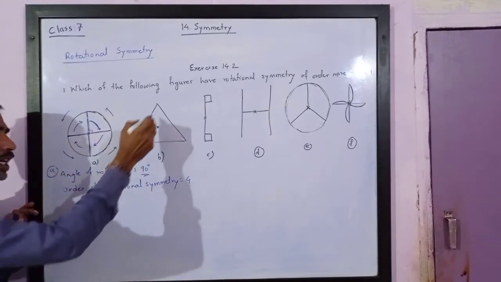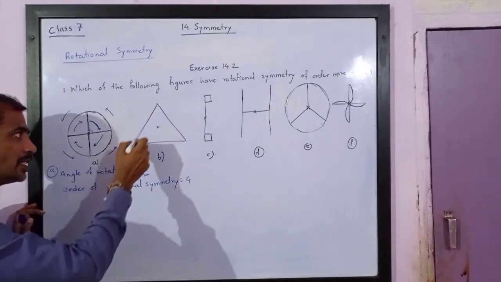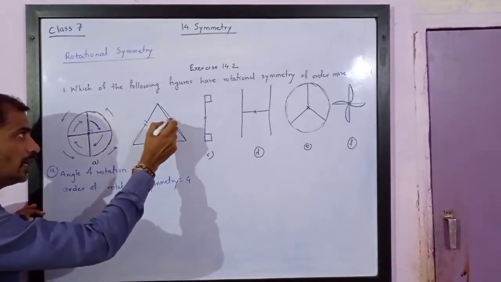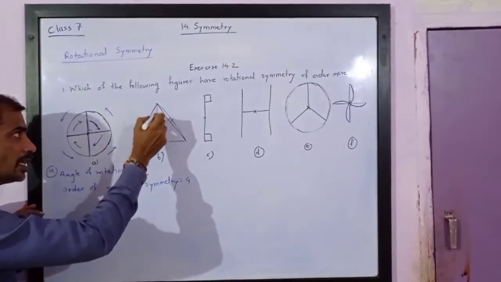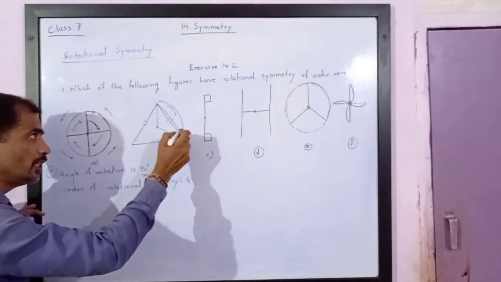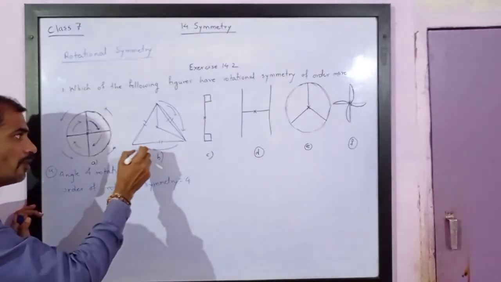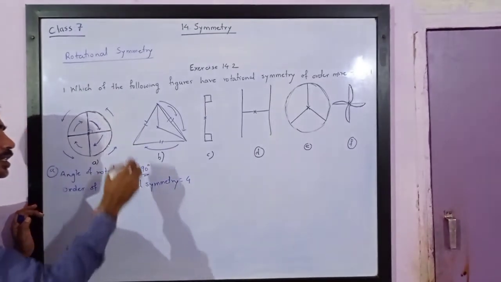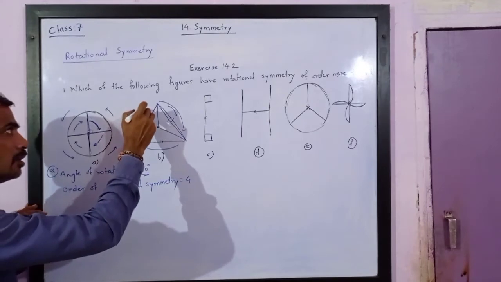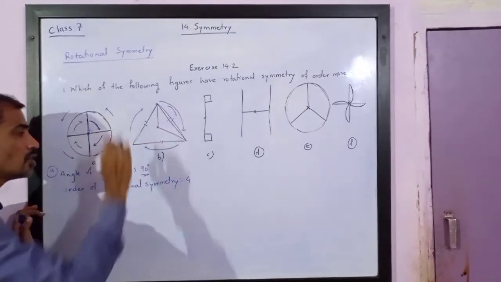In the second figure, we assume that this is an equilateral triangle. If all sides are equal, then you will notice that if you rotate it by 120 degrees, this point will reach here. If you again rotate by 120 degrees, this point will reach here. Again, if you rotate by 120 degrees, the point will come to its original position.